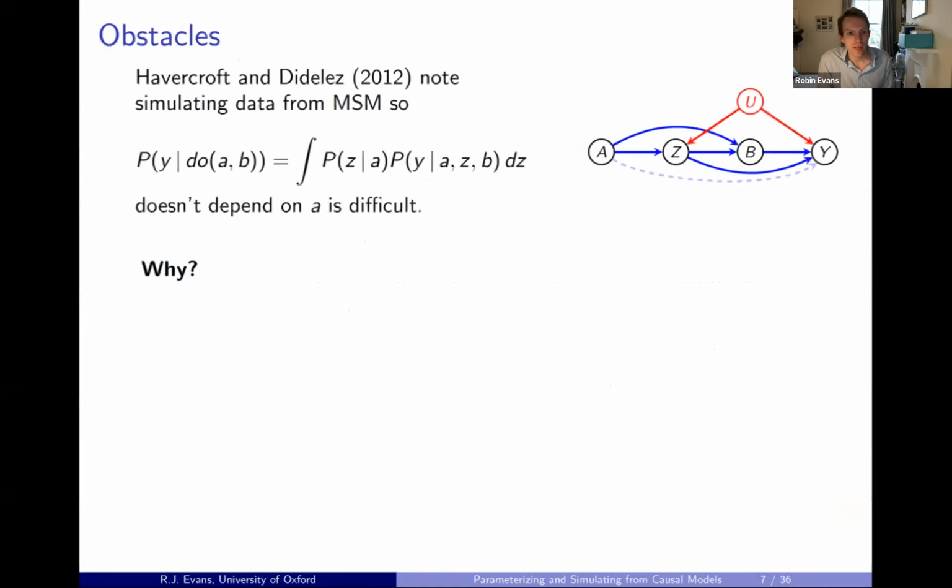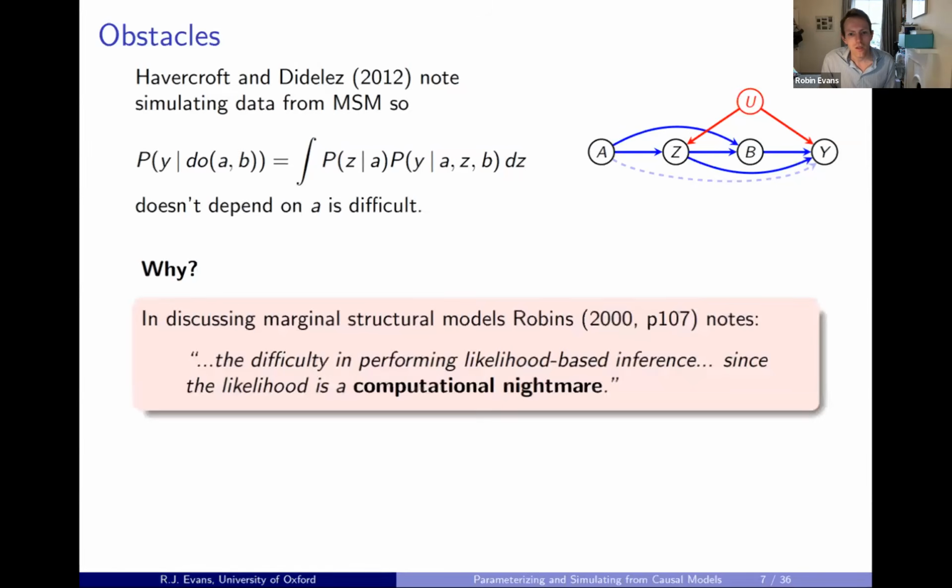So that's great. There are some problems with it though. So suppose that you're interested in maybe testing whether or not A actually has a causal effect on Y conditionally on B. So in other words, does this marginal structural model actually depend upon A at all? And it turns out that's quite difficult. Why is it so difficult? Well, partly it's because the likelihood is so complicated.